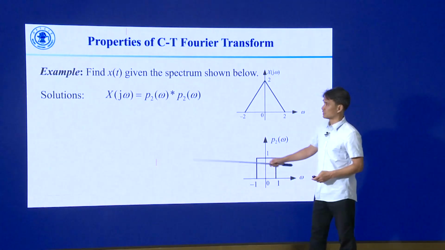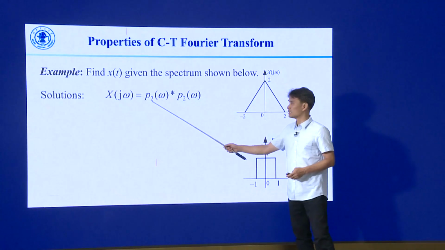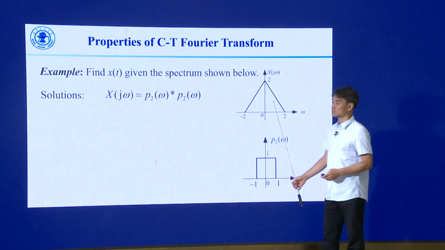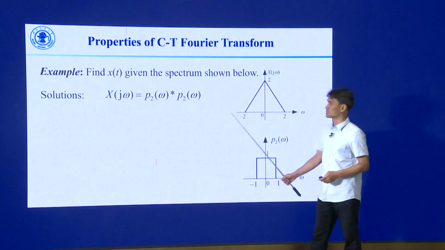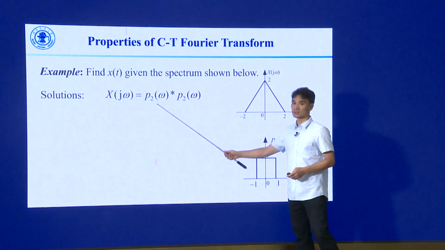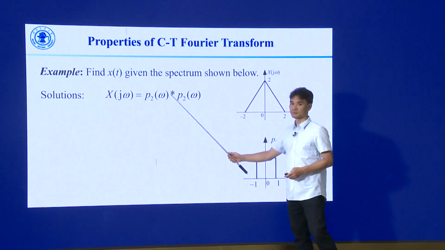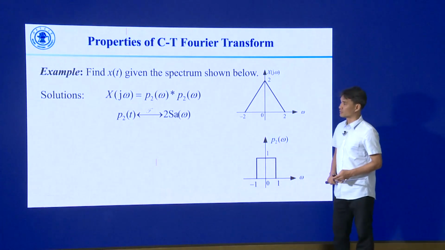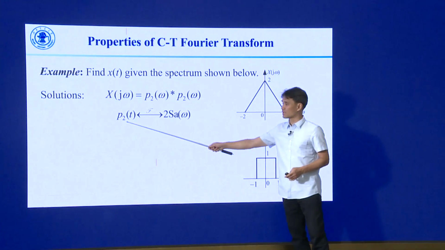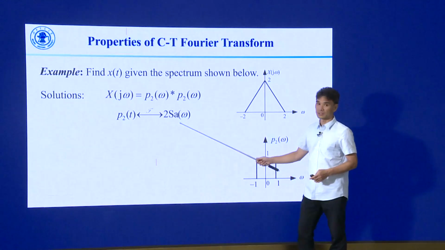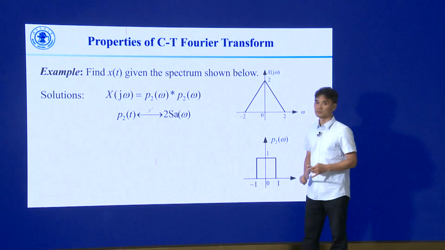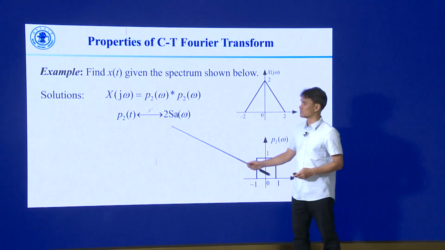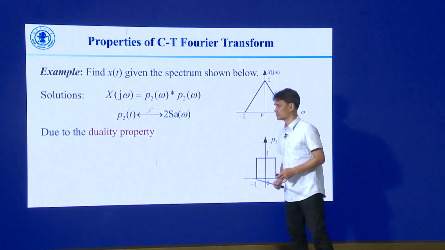So in the frequency domain, this original triangle spectrum can be treated as 2 rectangle spectra in convolution. We know that rectangle signal and sampling function are a pair of Fourier transform. Now we just need to switch their position.